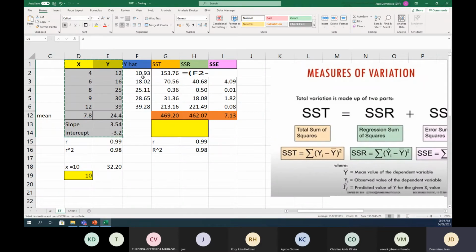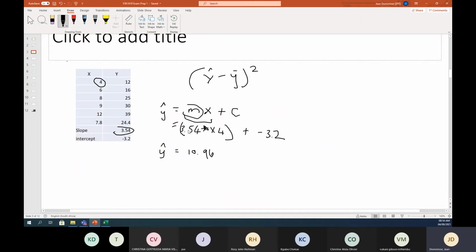So now you can also see when you use, because that is probably a different number, that you're going to get close to that. So again, depending on what we round off, but that is your y hat.